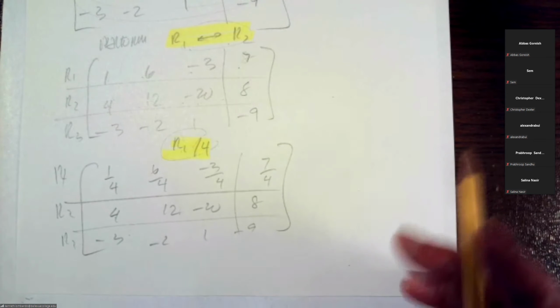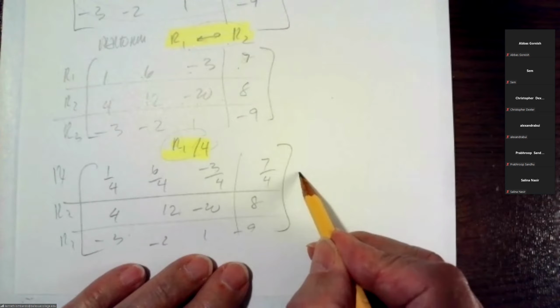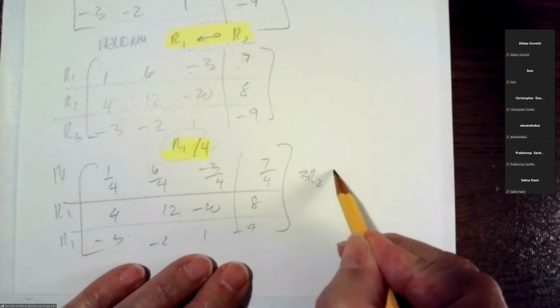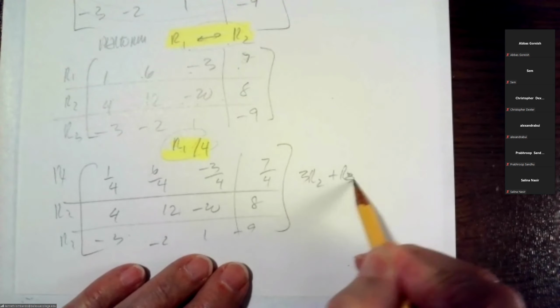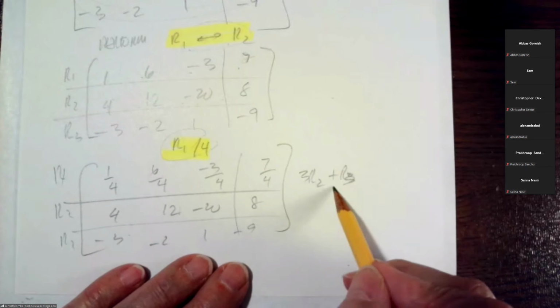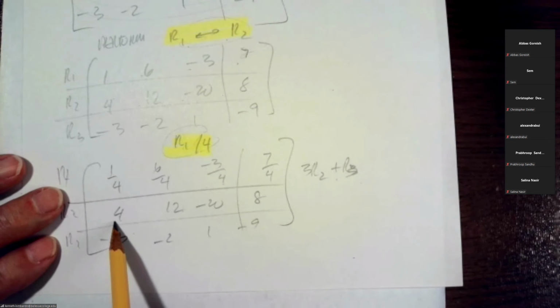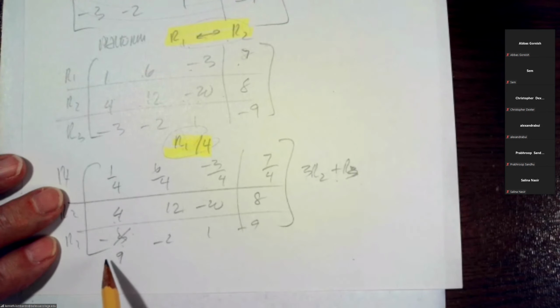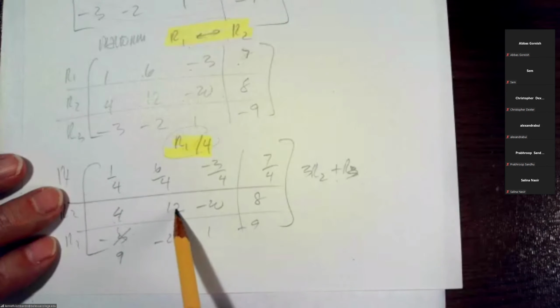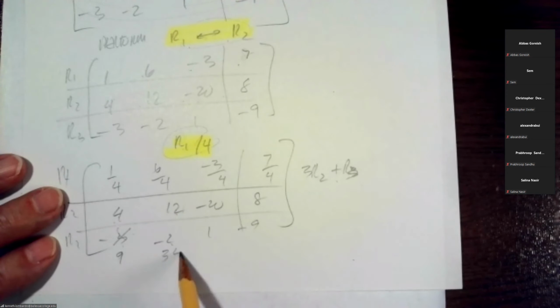If it says take 3 times row 2 and add it to row 3, that really says replace row 3. So if I took 3 row 2, it'd give me a 12, and add it to this, 12 minus 3 is going to give me a 9, isn't it? So row 3 would end up with 9, and 3 times 36, that'd be 34.